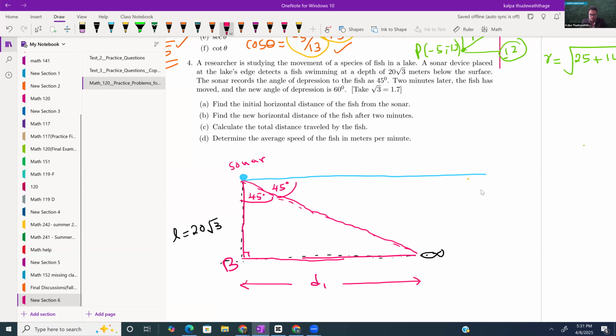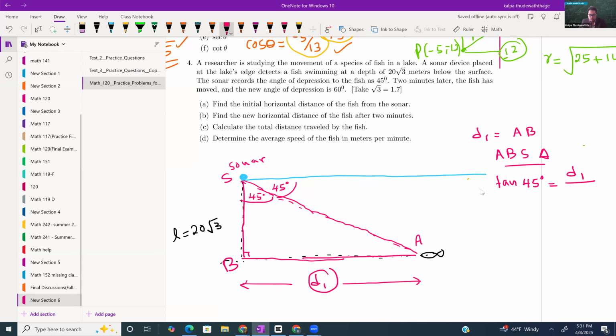So the first position of the fish, I can say A. So D1, or AB, I can find by considering my triangle. I can put S for sonar device. So if you consider triangle ABS, I can write tan 45. Tan is what? Opposite over adjacent.